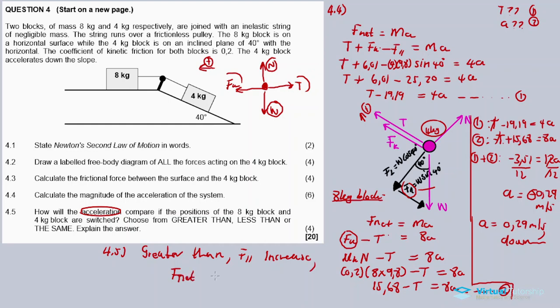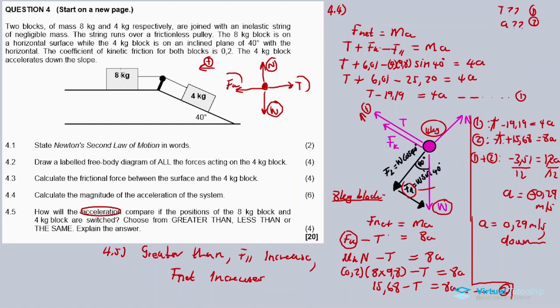The F net increases as well, since the parallel component increases. Why do I say F parallel increases? It is because the weight increases, 8 kilogram. This is the 4 kilogram block on the incline, so the 4 kilogram block is the driving force for the whole system.